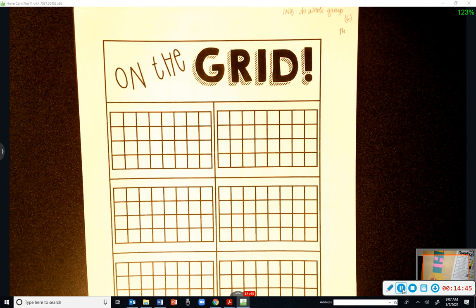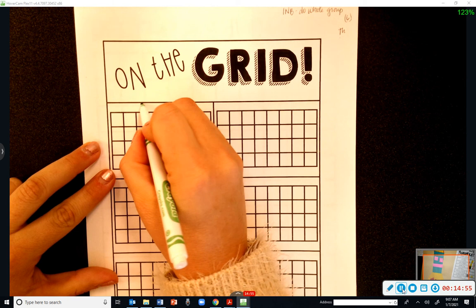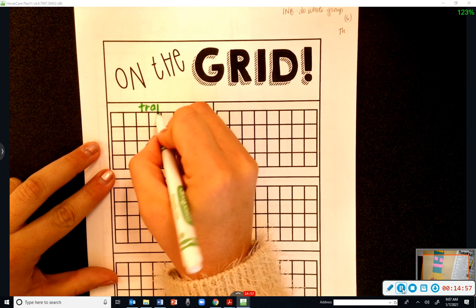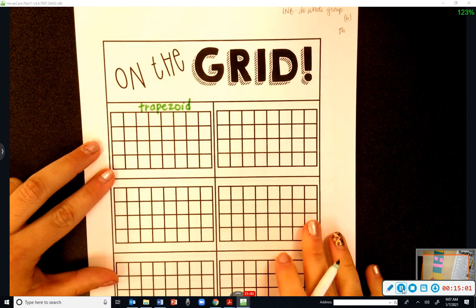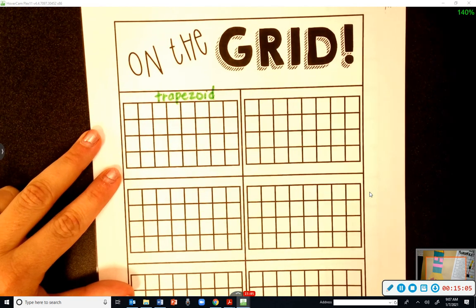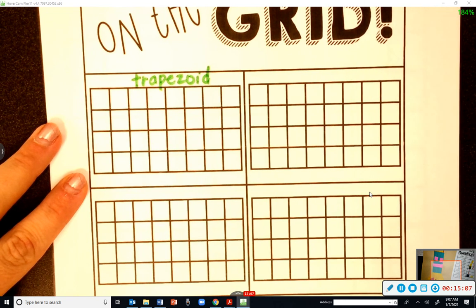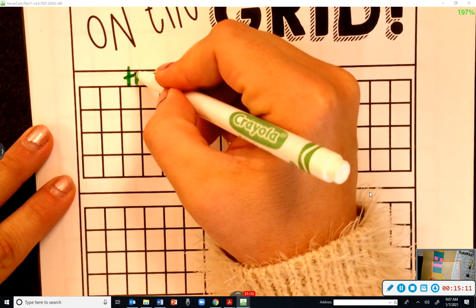So somebody tell me what a trapezoid has to have. What's one thing, Kelsey? A trapezoid has to have one pair of opposite sides that are parallel. Okay, so one pair of opposite sides that are parallel, never intersecting.